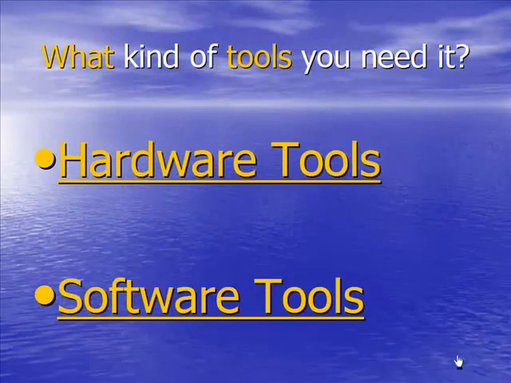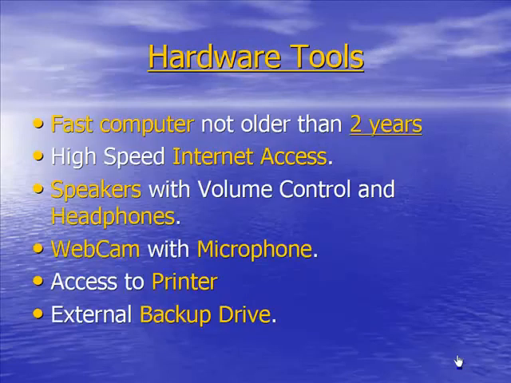What are those tools? Basically, I can divide those tools into hardware tools and software tools. Hardware tools. These are the tools you need to get maximum out of this internet technology. And some of them you may already have, so that's very good. If you don't have some, maybe you can manage it.